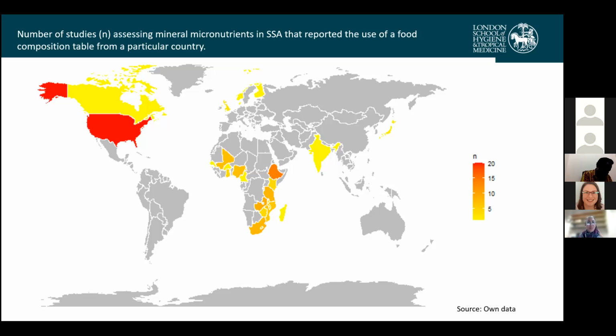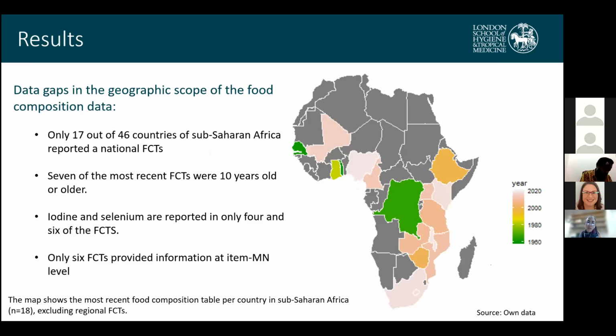Just for you to know, the second most cited food composition table was from 1969, which is quite old. So you can imagine the type of data that will be in that food composition table. Then moreover, when we look at the geographic scope of those food composition tables, only 17 countries out of the 46 countries were represented, or provided a national food composition table.